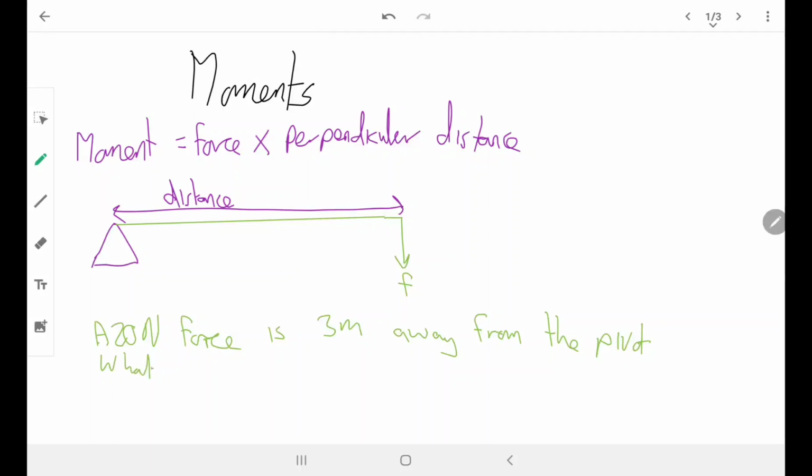What is the size of the moment? Well, this is simple, your moment equals 20 times 3, which is 60. In units that is newtons times meters, which is Newton meters.